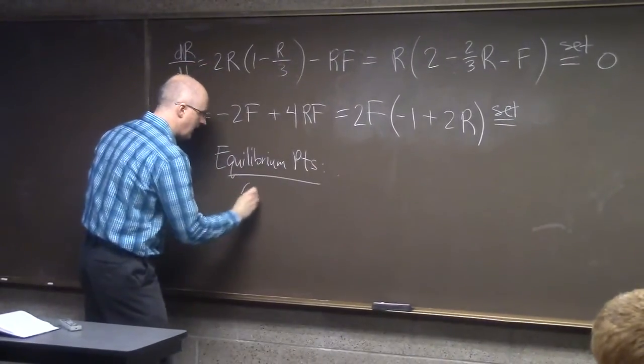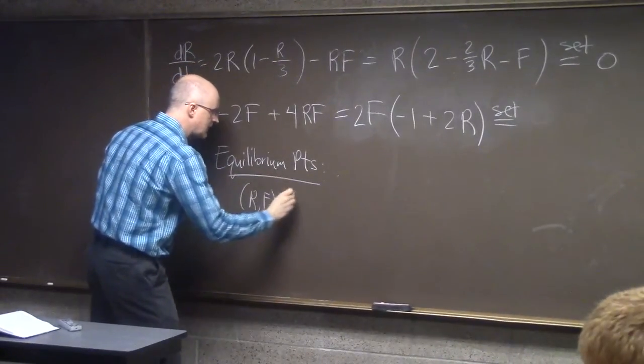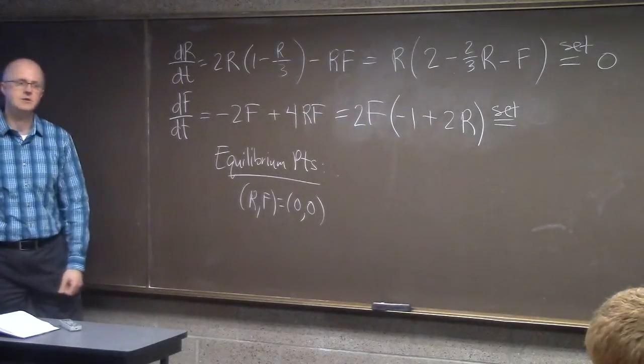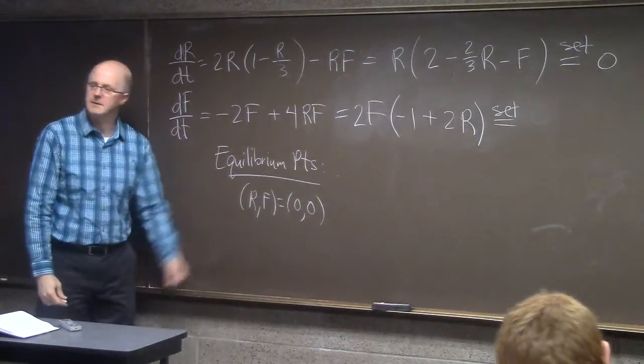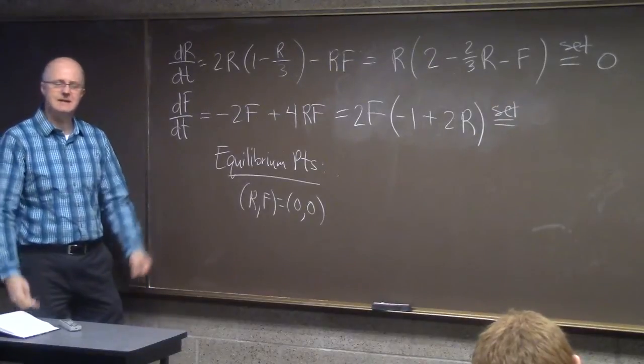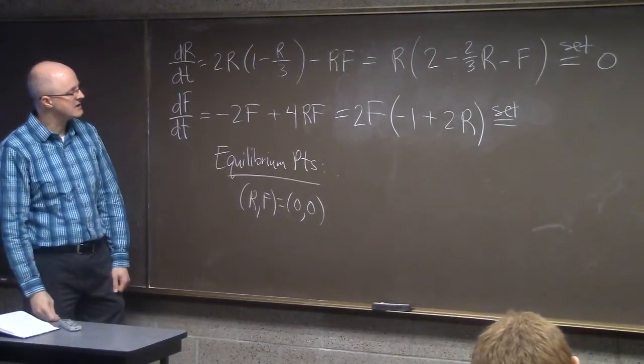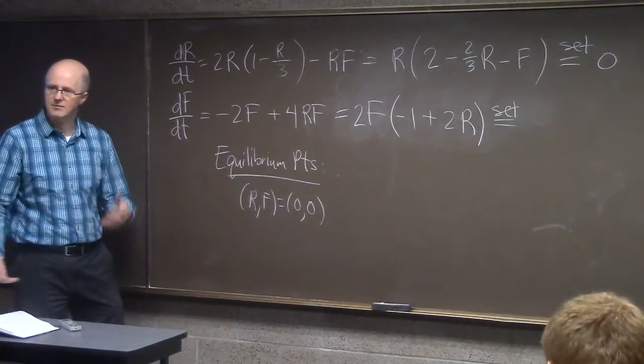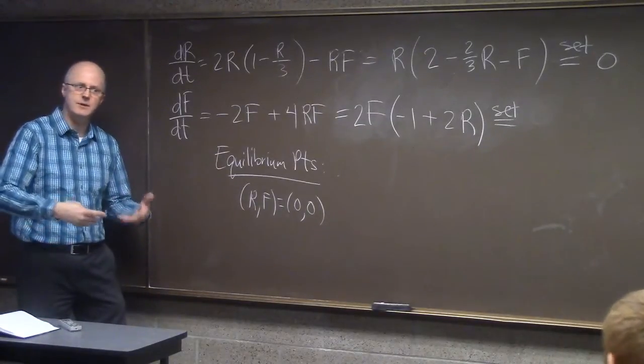The point R comma F equals 0 comma 0 certainly is one equilibrium point, which makes good intuitive sense. No rabbits and foxes in this situation, in this setting. There aren't going to be rabbits and foxes. We're not assuming they move into the region or move out.